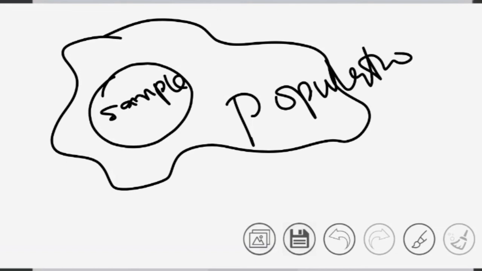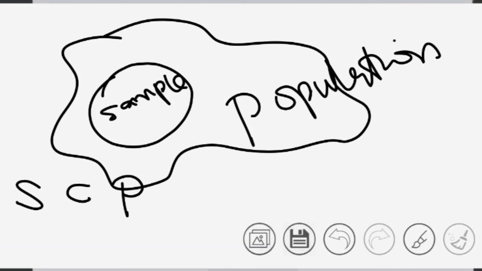We can then define a sample as part of a population, or better still, a sample is a subset of a population. There are various sampling techniques that we can use while running a research.